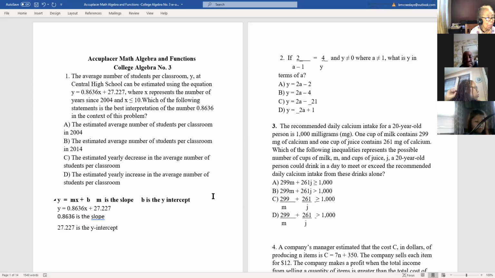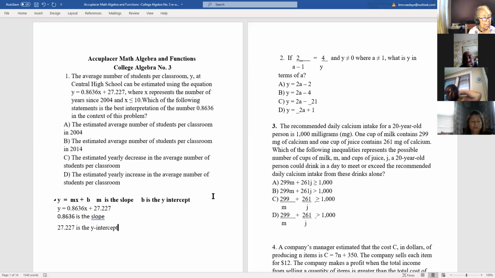X is the number of years since 2004, right? So picture the coordinate grid where you have Y as the average number of students and X as the number of years since 2004. And that slope represents the rate of change of something, right?